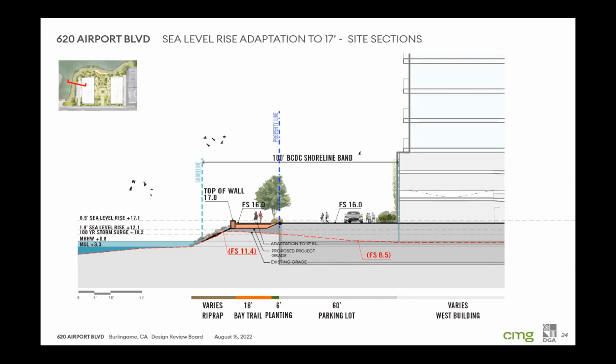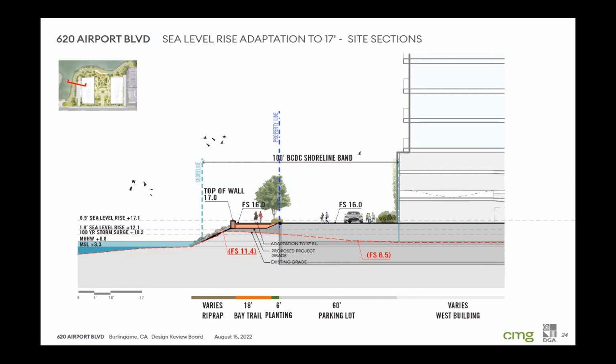I don't know. Well, I think this cross section, just to underline a point that we've made quite clearly, the 100-foot shoreline band is meant to be for public access and an appropriate environment for the public access. And this pinch point, which I thank you for illustrating, being upfront about this, just does demonstrate that when you put driveways and parking into the shoreline band, you end up with this sort of restriction.